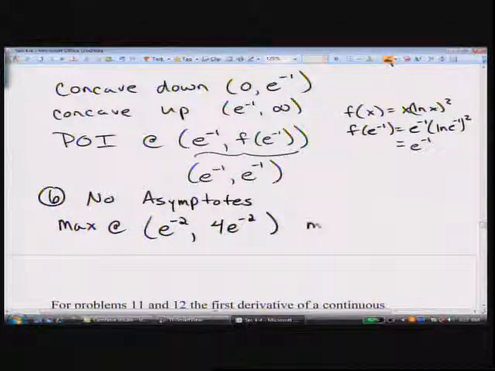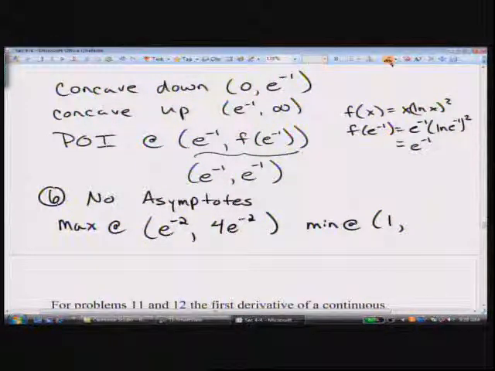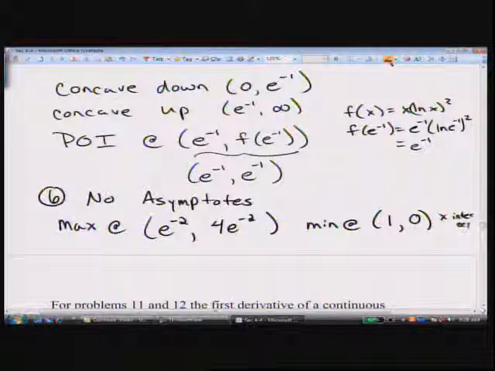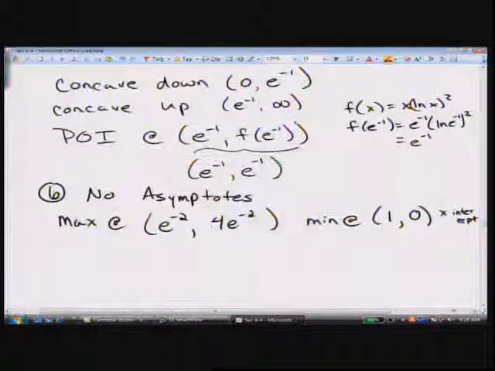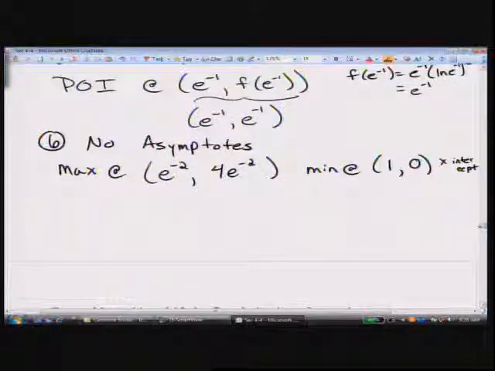We had a min at 1, comma, this is 0, because the ln of 1 is 0. So this will be 1, 0. And that's my x-intercept. And I don't have a y-intercept because I can't plug 0 into the domain.